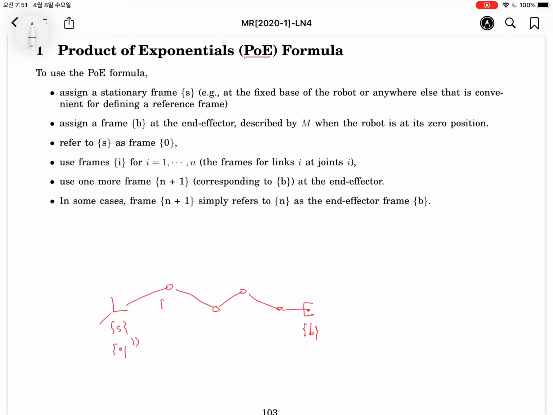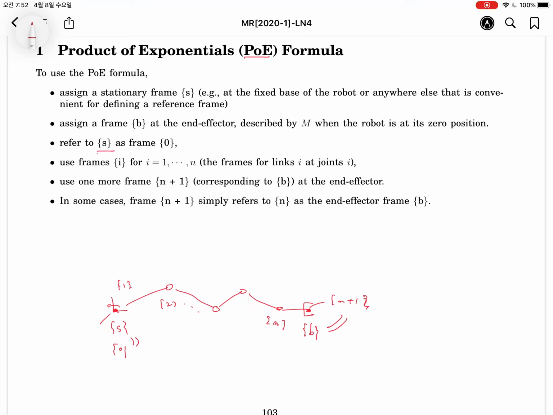If you add the joint here, maybe the joint will make some movement. The movable frames will be denoted by 1, 2, and so on. This is the n. The last part will be the n plus 1. So n plus 1 will be assigned to the body frame.